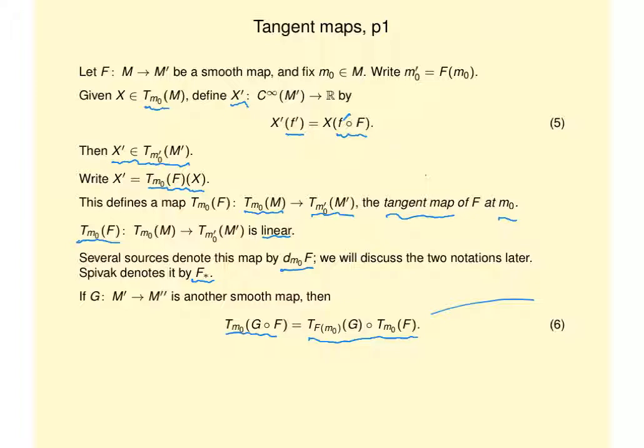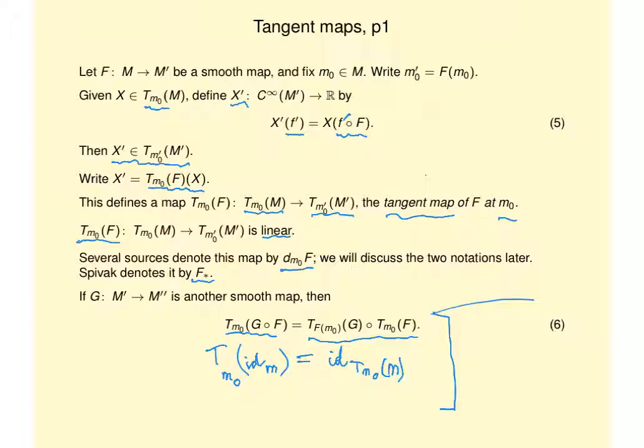And another property is that if you take the identity map of a manifold M, and take the tangent of that at a point M0, then you get, of course, the identity map of the tangent space. Okay, so these two things actually are the defining properties of a functor, and the tangent map, and later on the tangent bundle map.